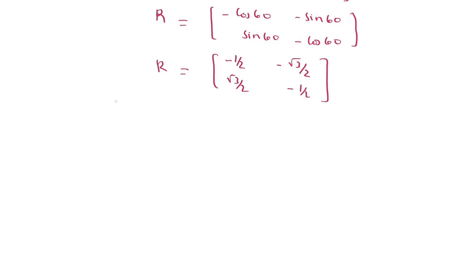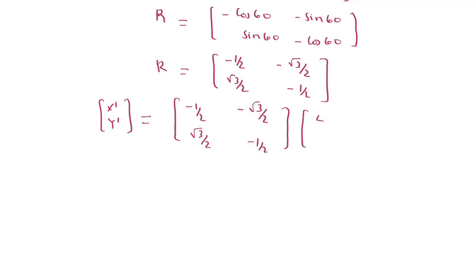Then our equation is going to be X image, Y image equals matrix negative 1 over 2, root 3 over 2, negative root 3 over 2, negative 1 over 2 times matrix 4, 2.